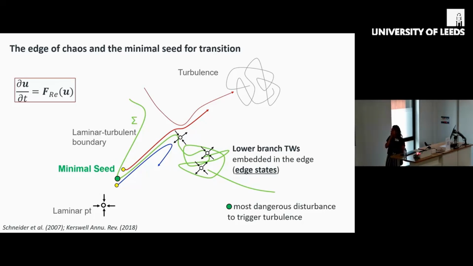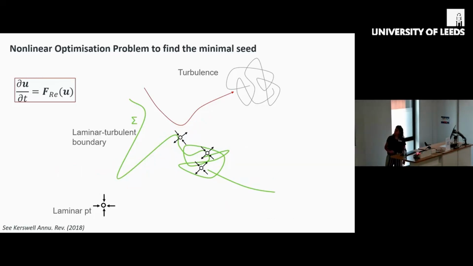Okay, so yes, this minimal seed. How do we find this? We can find this by solving a nonlinear optimization problem. I agree it's not easy and it's very computationally expensive.